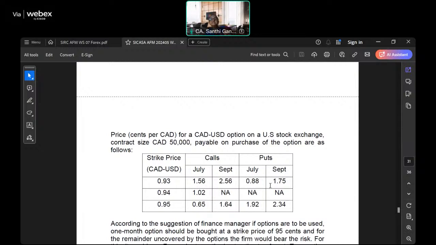When the strike price is given in US dollar, the premium is given in cents. So that we should observe. This is $0.93, but this is not $1.56. It is 1.56 cents.